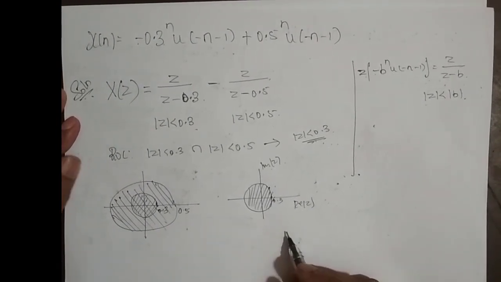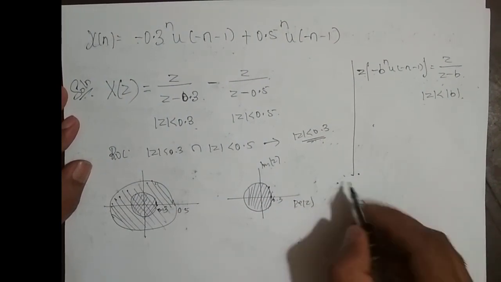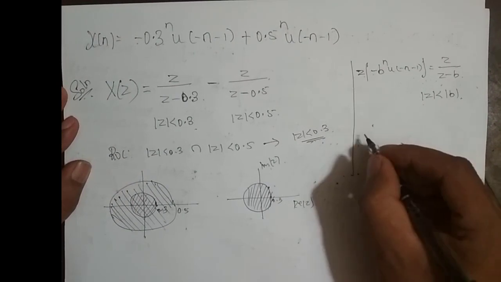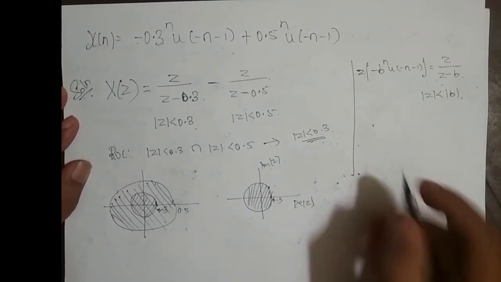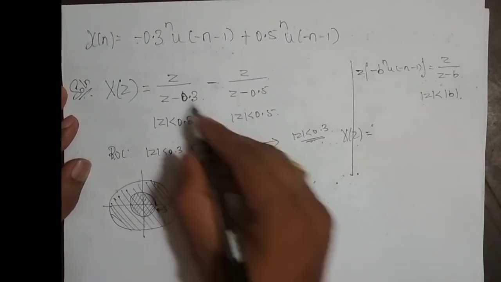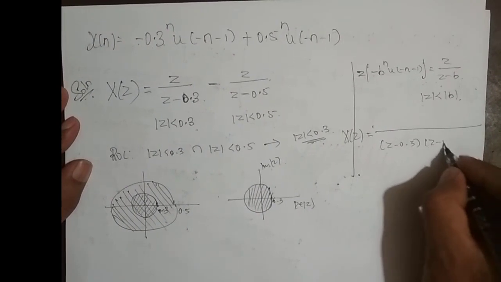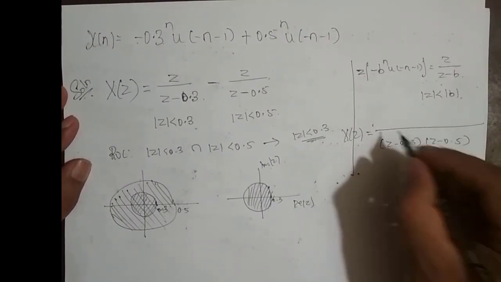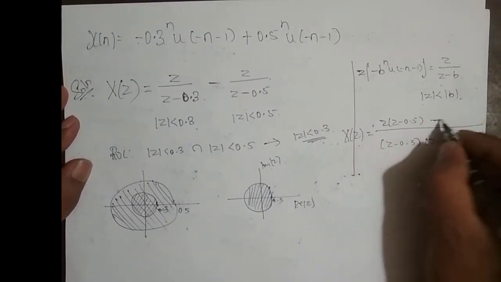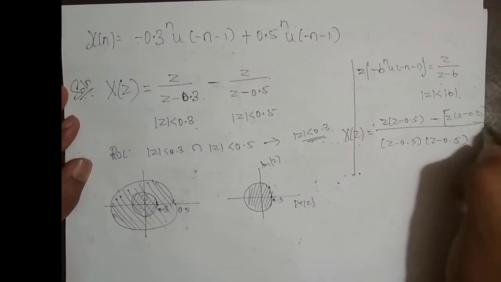This is the ROC. And again, it's better we simplify this. Let me simplify it here. So X of z is equal to, taking the common denominator, z into z minus 0.5 minus z into z minus 0.3, right?